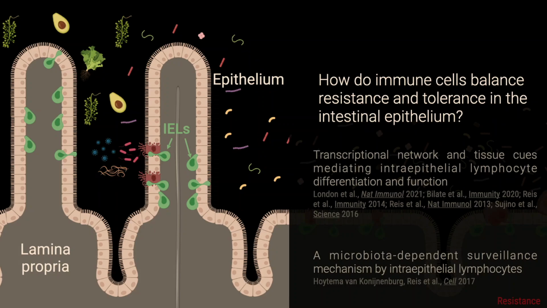At the base of the crypt of the villus, you have stem cells that differentiate into the epithelial cell subsets. They divide. This region here is called the transit amplifying region. So the cells divide as they differentiate into epithelial cells, and then they grow upwards. So what happens when they reach the tip? They fall into the lumen.